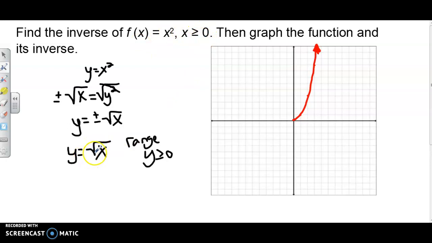It would be y is equal to the square root of x, which makes sense because x can't be less than 0 in this case for here, so that still works there, and also there's now just a positive sign here.